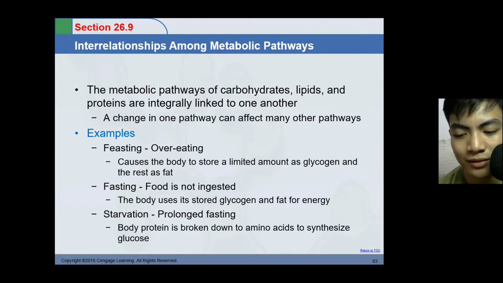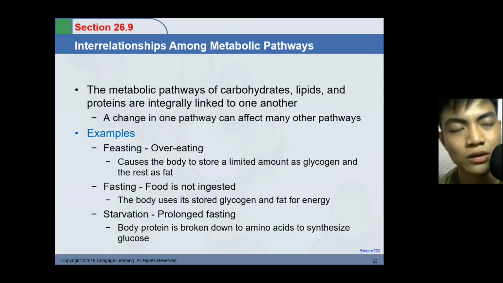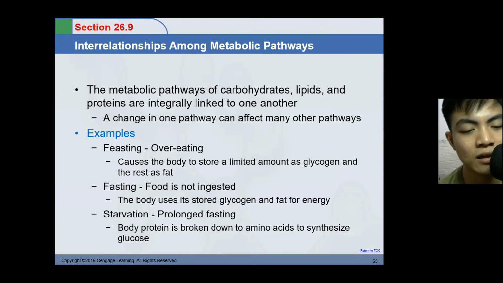Kasi, of course, all body parts naman may mga importance yan sa atin. Kaya, always be keen with your diet. Okay? Do not commit immediately to one diet alone without any recommendation from your physician and nutritionist. Okay? And of course, do not starve yourself kasi literally, yung body mo kakainin niya sarili niya. Okay? So, that's very dangerous.